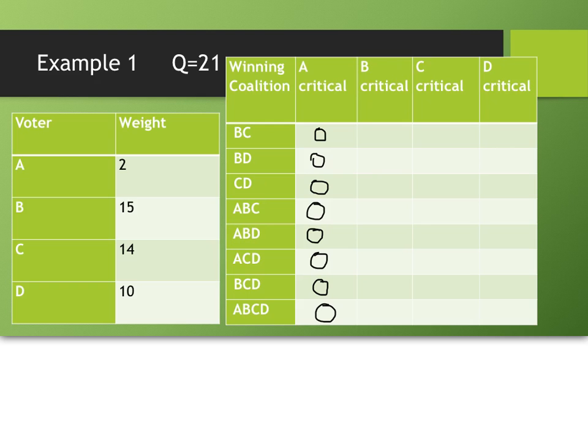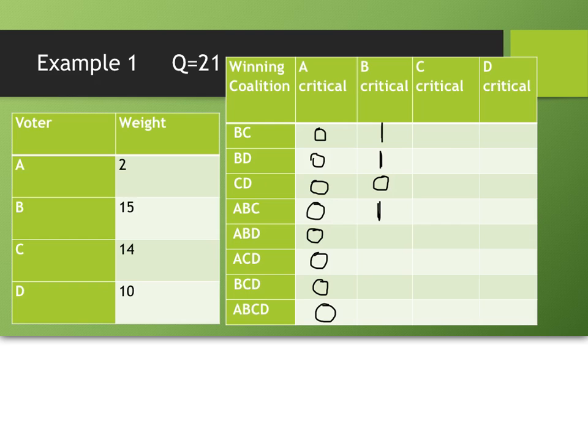How about B? Well, in this top one, if I delete B, C is there. C does not win. So B is critical here. So I'm going to list a 1 every time B is critical. B, D, if I eliminate B, it's critical. I have C, D, B's not in there, so it can't be critical if it's not in there. If I delete B from this guy, A, C is remaining. A and C do not win, so B is critical.